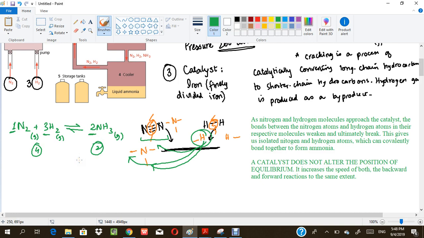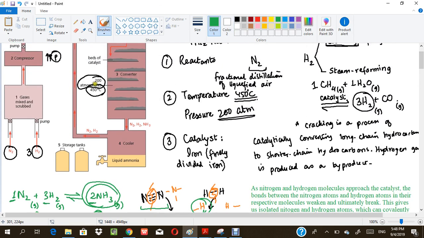So an increase in pressure favors the side of the decreased number of molecules, which in this case is the product side. That means increasing pressure favors the forward reaction, and we get more ammonia. And this is the reason why we are using a high pressure of 200 atmospheres.